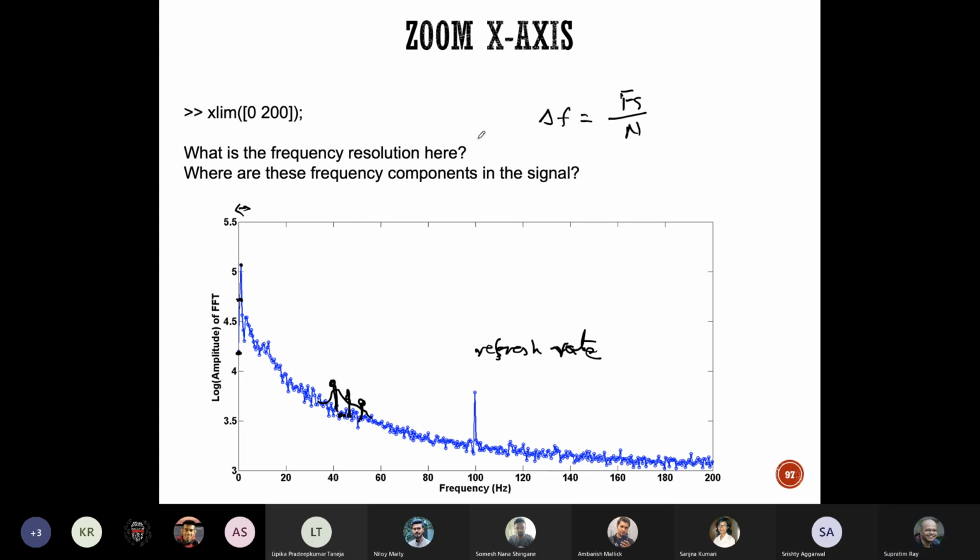No? And as I said, delta f needs to be small to have high frequency resolution. So it seems that if you sample faster and faster, things are getting worse and worse. But won't capital N depend on fs? Ah, very good. That's the trick.